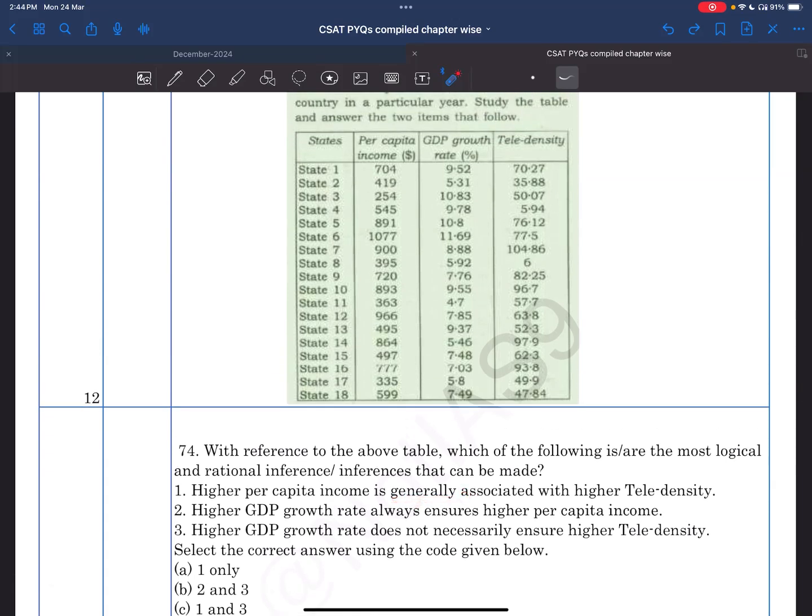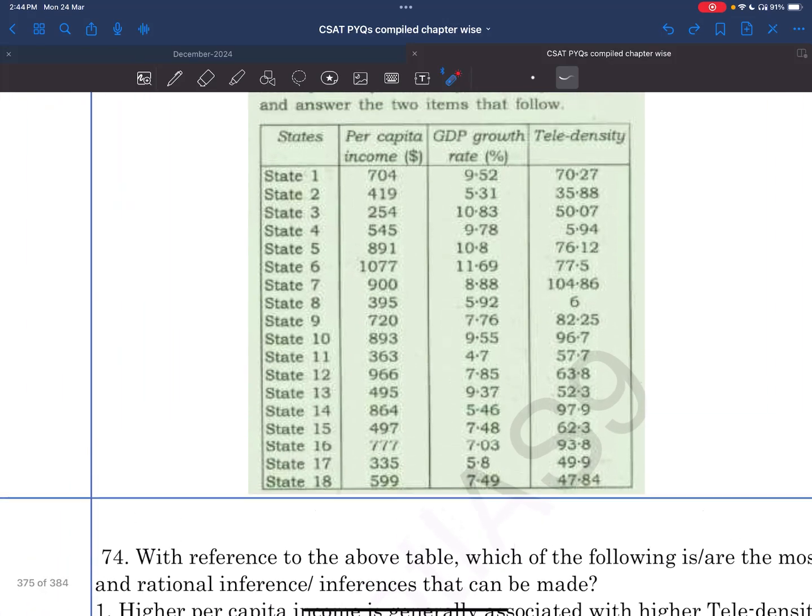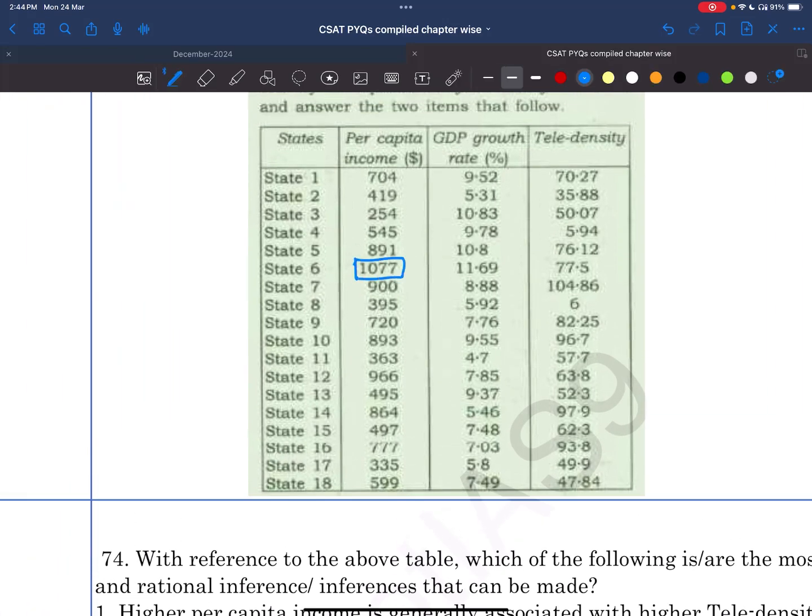Generally. Okay. See here. This is 1077 and we are getting 77. This is the next highest. We are getting 638. For 900, we are getting 104, 893, 96. That means, yes, generally it is following the pattern.